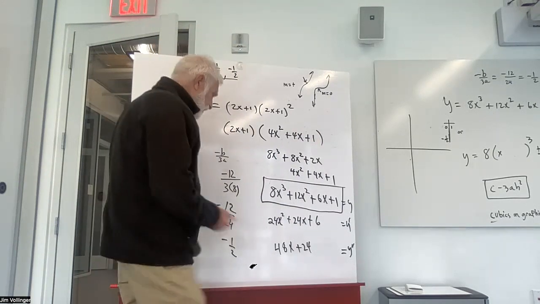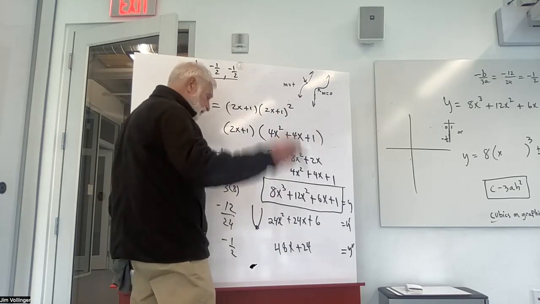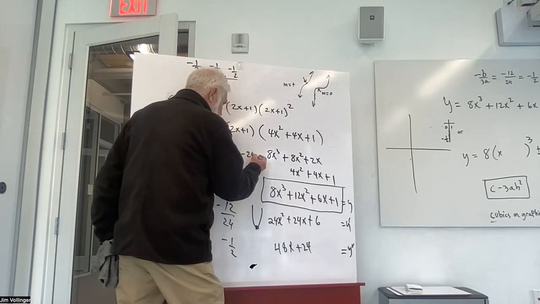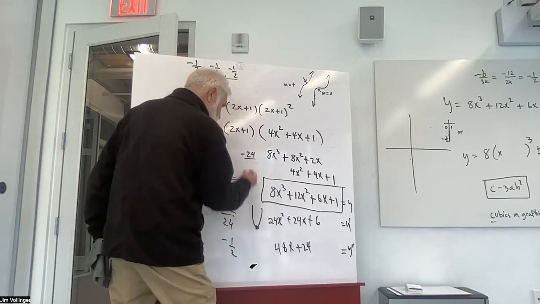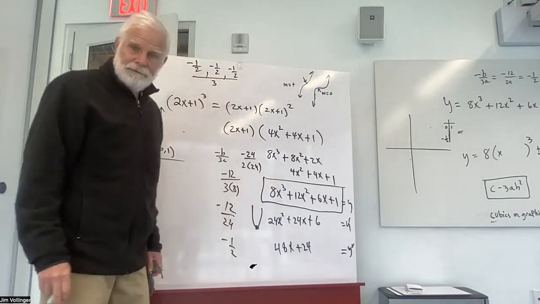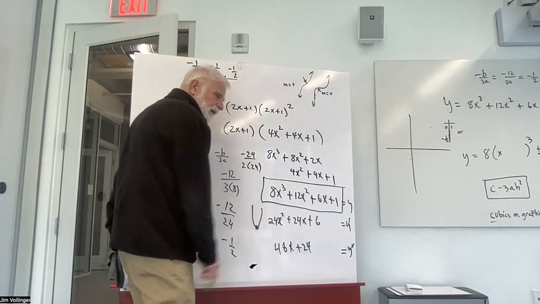Quadratics have a minimum at the vertex, and how do you find that value? Minus b over 2a, so minus 24 over 2 times 24. Well, there's your -1/2 again, and that's a function that's decreasing and increasing.